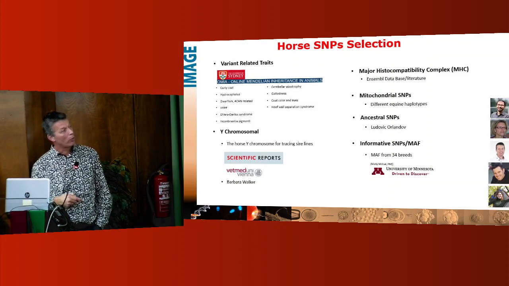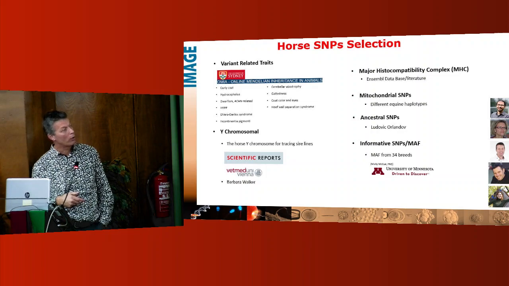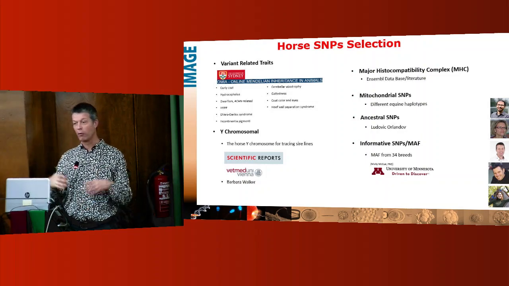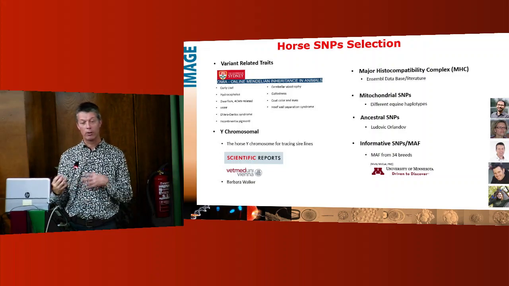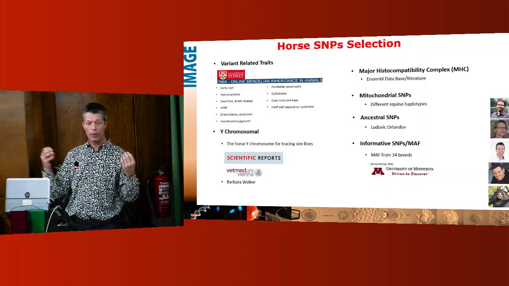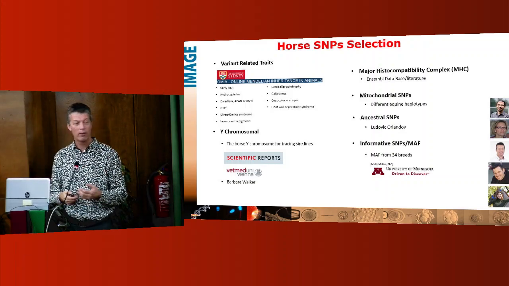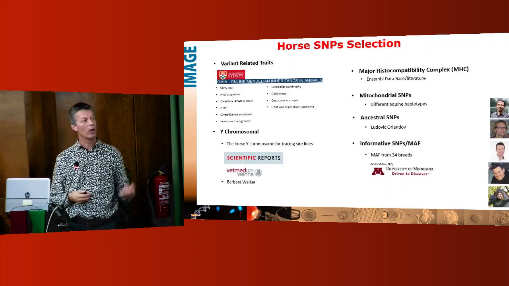And then of course we have informative SNPs where we have minor allele frequency in horse. We had 34 breeds, and of course sometimes it's difficult to get information on allele frequencies of SNPs in a population because it's connected to associations or whatever, so they're difficult to share. But sometimes you can circumvent that, and that's also what we did with Molly McHugh. So we sent her a list of SNPs.